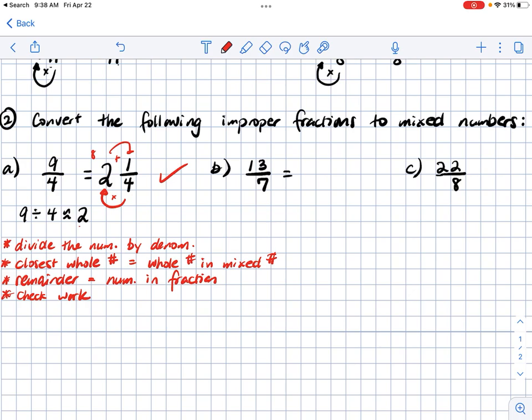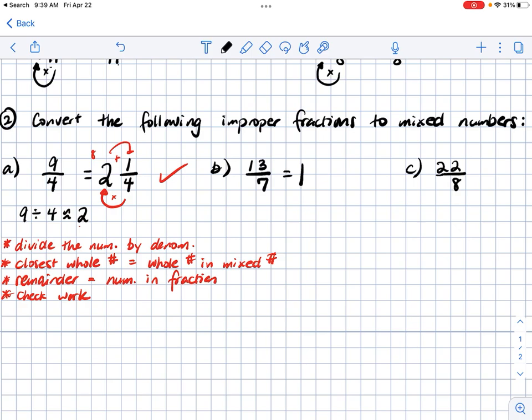So again, I'm thinking to myself, how many times approximately is 13 divided by 7 without going over? What's the closest whole number we can get to? The closest whole number is going to be 1 because 1 times 7 is 7. Now, what's the remainder? Well, the remainder is how much more do we have to get to 13?